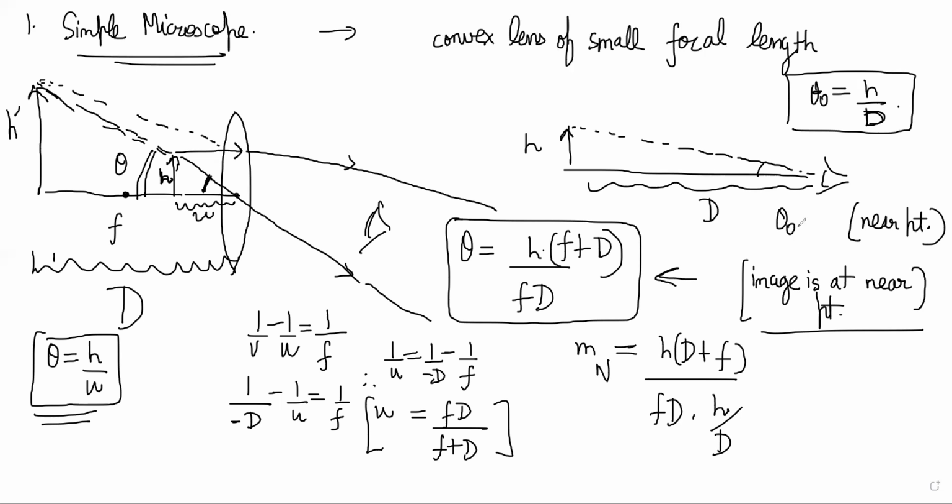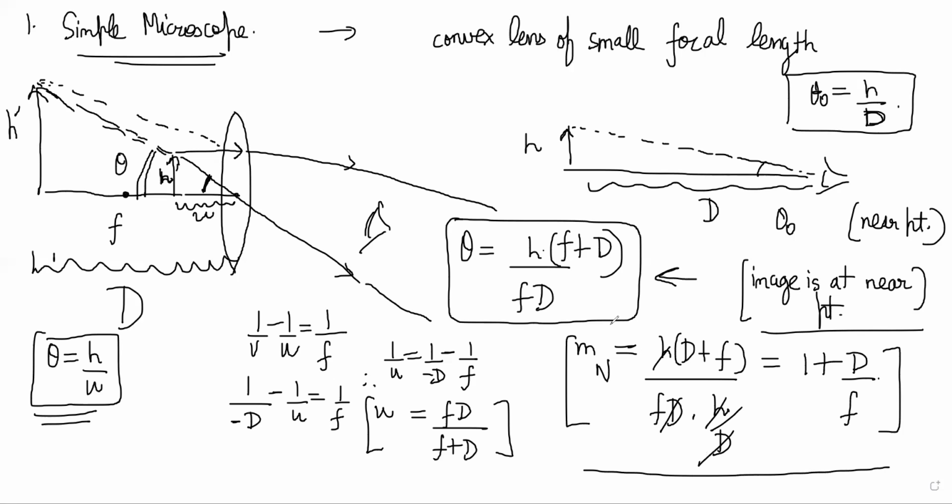So h cancels, d cancels, and you get 1 plus d by f. So this is the magnification due to a simple microscope when the object is making an image at the near point, right? Makes sense.